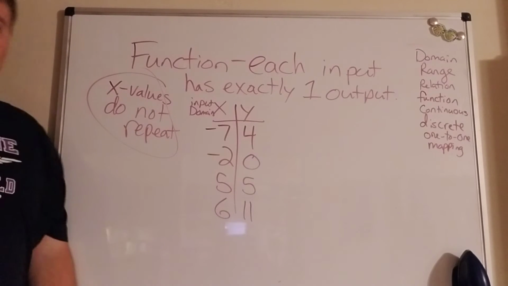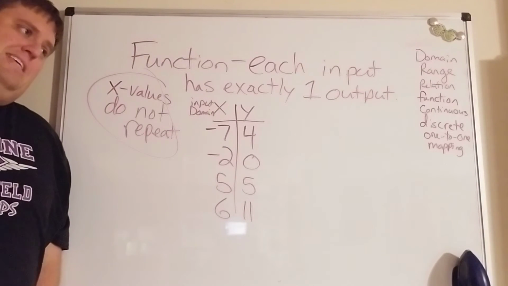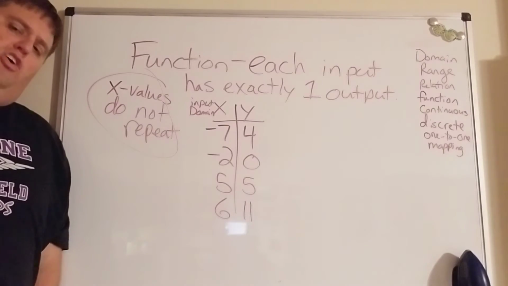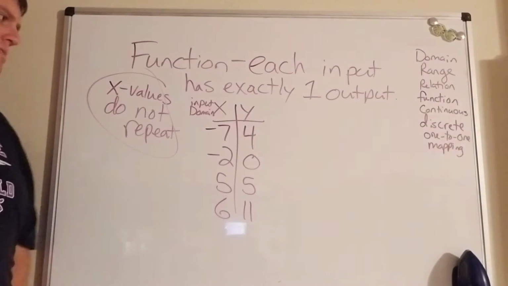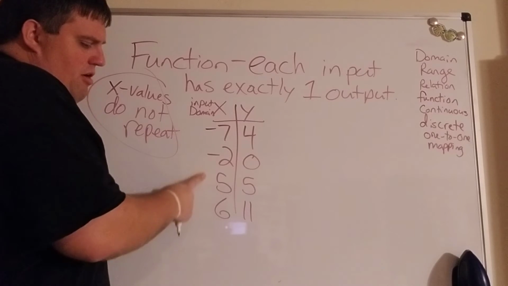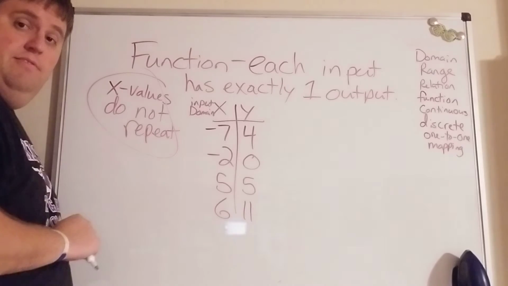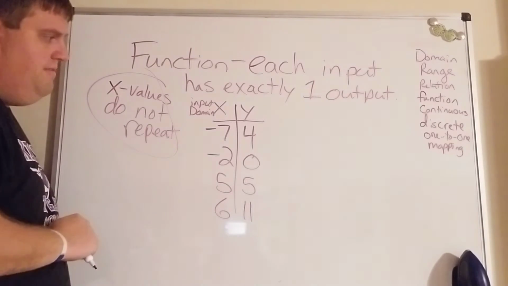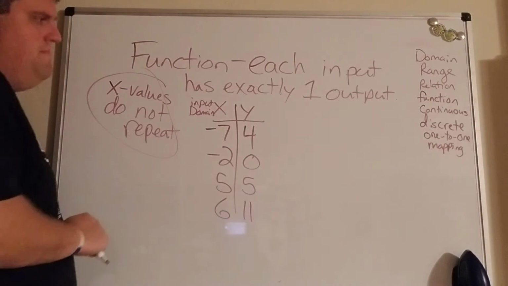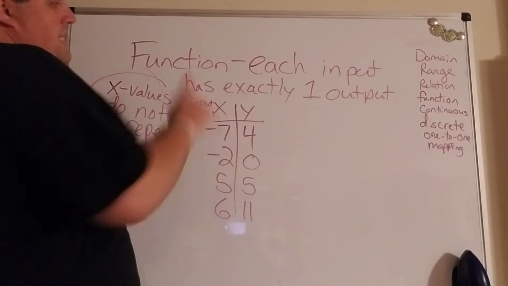To me, that's the best definition. A function means that something has x values that are all unique. They do not ever repeat. So I'm looking at these x's. They're all different. So whatever this thing is, it's a function because all the x's are different. That's functions.